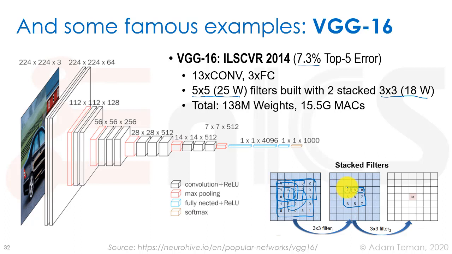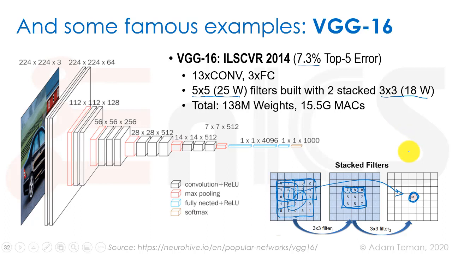Then we can take another 3x3 filter and put it on here, and we get one output. So we were able to get the single output that we were supposed to get from a 5x5 area, but instead of using a 5x5 filter, which is 25 weights, we used 2 3x3 filters, which is a total of 18 weights, and we saved a bunch of storage that way.